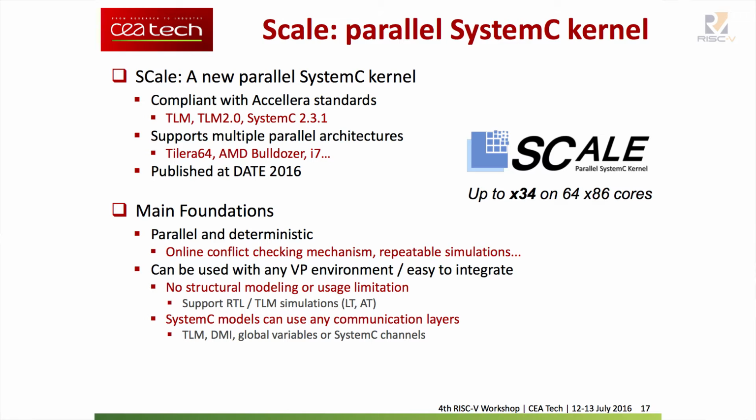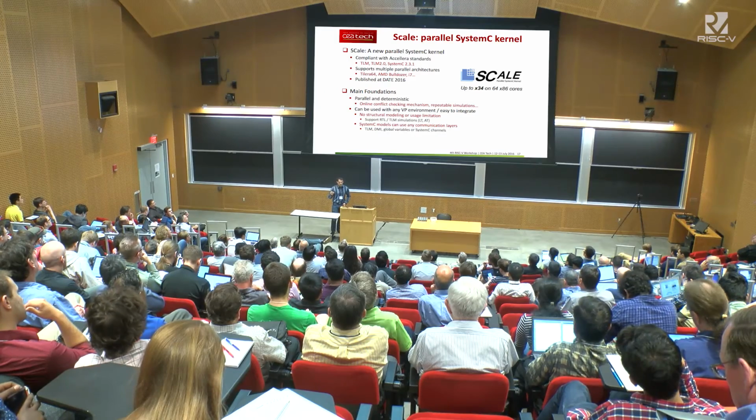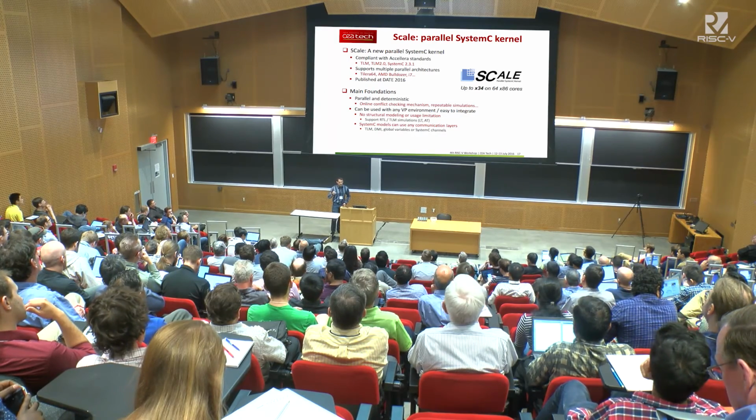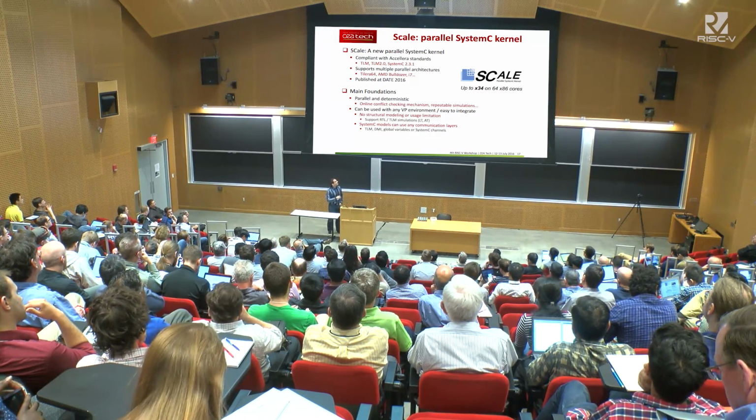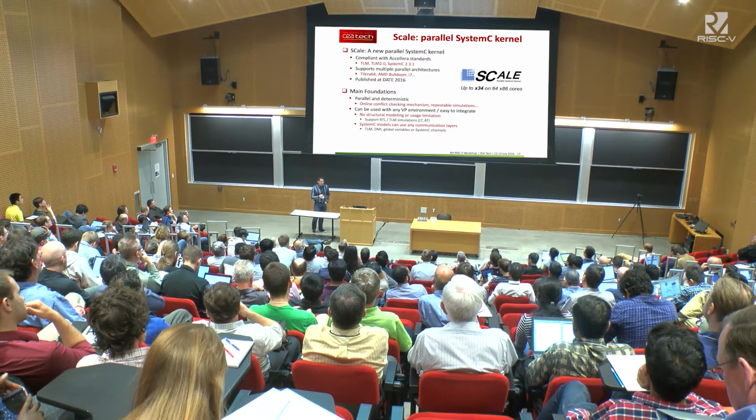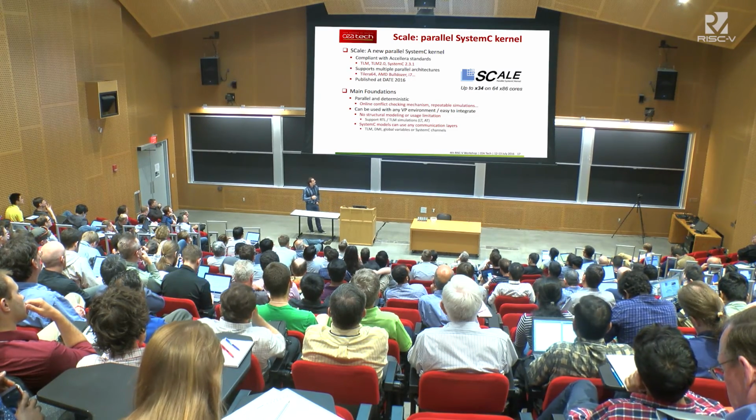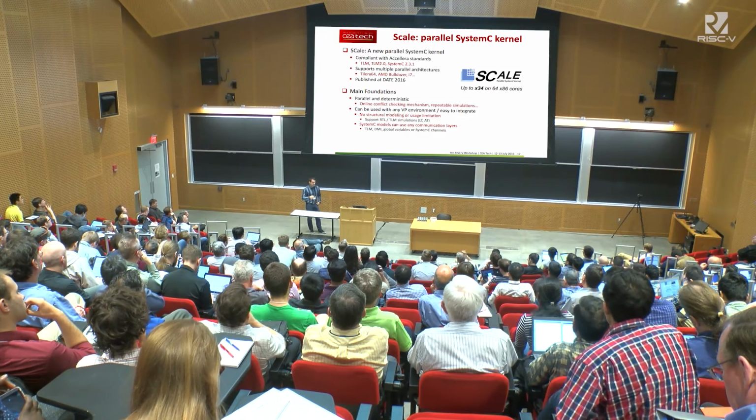That means that when you execute a program or a test bench and you have an error, if you rerun the same test bench, you will have exactly the same error at the same moment. And it increases speed by up to 34 times on 64 cores.